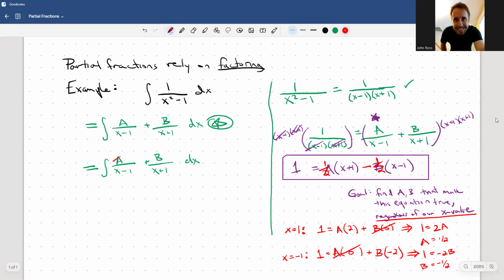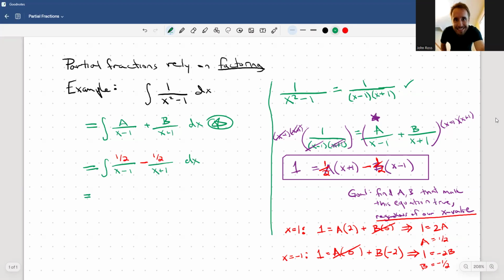But it's no longer a and b. We've found the appropriate choices: a has to equal +1/2, and b has to equal -1/2. I'll just throw that negative sign out front like this. Okay, and with that, we can proceed.